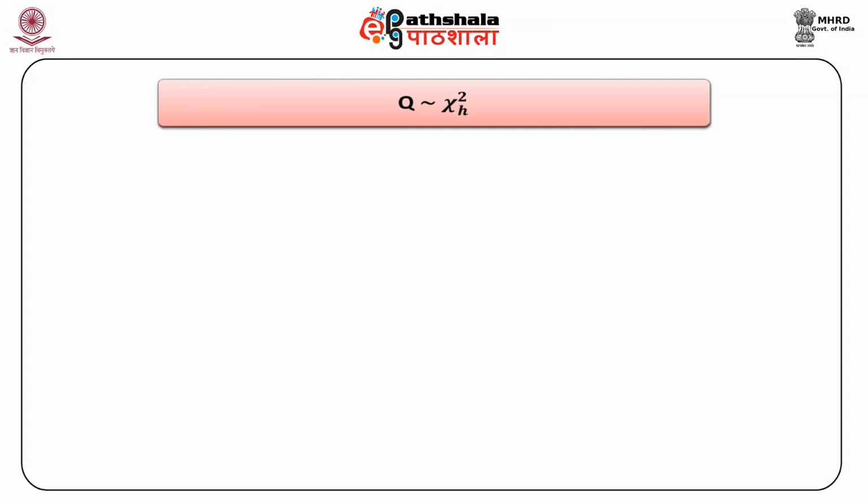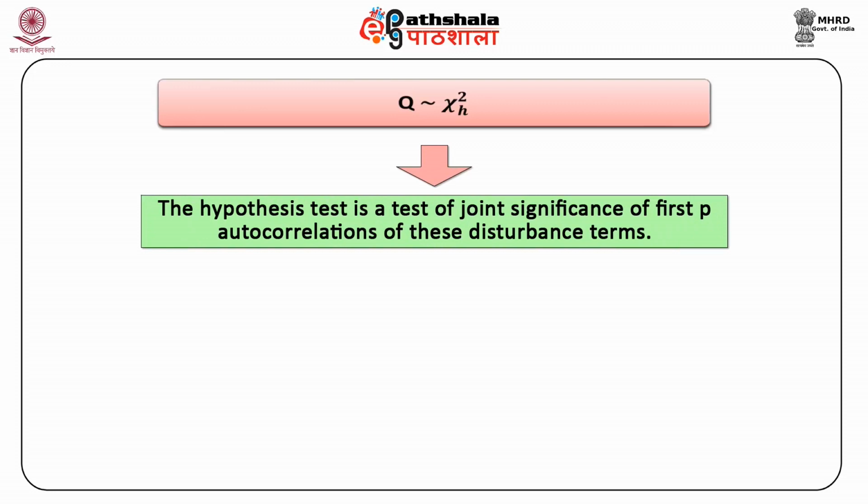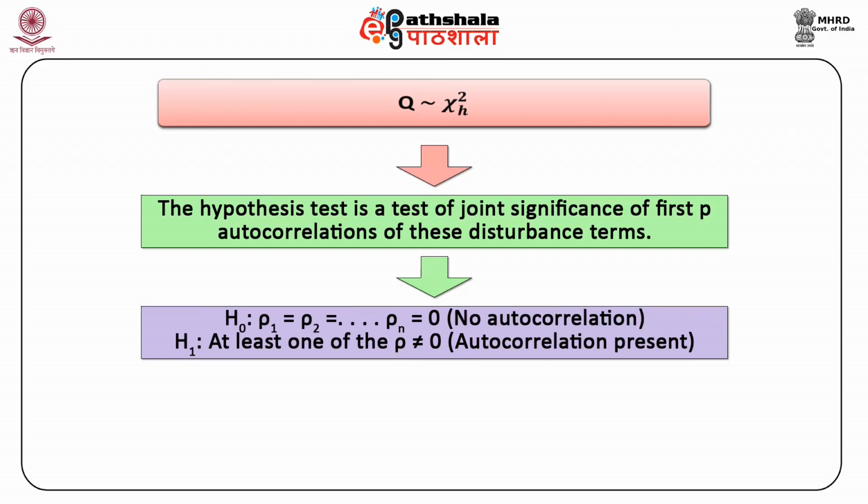The fifth step is the hypothesis test is a test of joint significance of first p autocorrelations of these disturbance terms. And our null hypothesis is that rho 1 is equal to rho 2 up to rho p equal to 0, which means no autocorrelation.